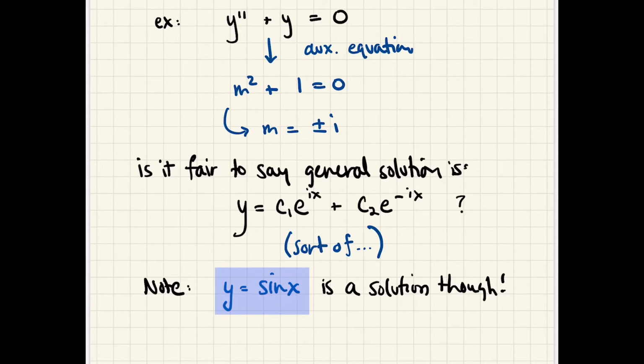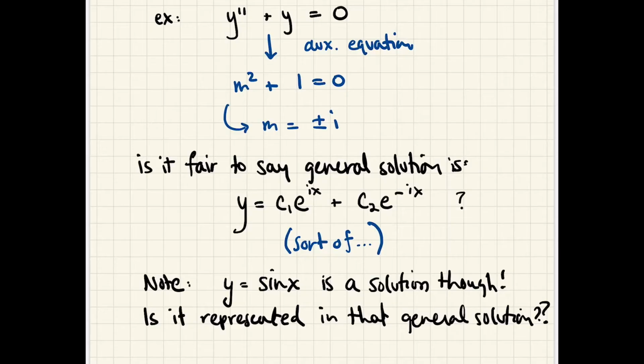So y equals sine of x is a solution to this. But it doesn't seem to be represented by our general solution. Or is it? So we're going to see that indeed sine of x is represented in our general solution through a remarkable identity called Euler's formula, which is one of the most beautiful facts in all of mathematics. And we're going to uncover it right now.